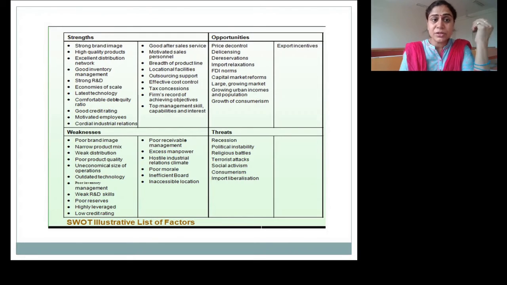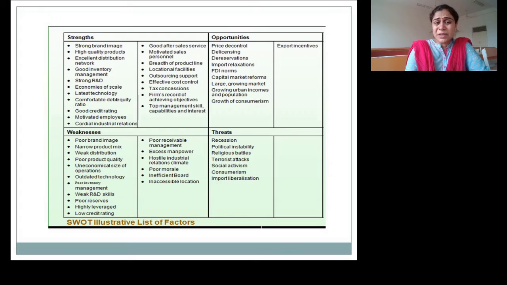For example, a strong brand image, high quality products, excellent distribution network, good inventory management, strong R&D, economies of scale, latest technology, comfortable debt-equity ratio, good credit rating, motivated employees, and so on.